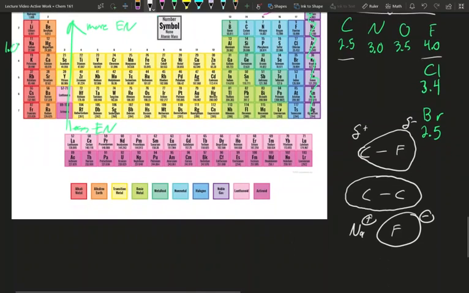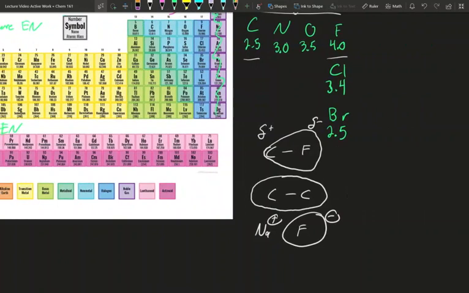This leads us to recognize a few types. We have an ionic bond on bottom. We have a covalent bond here in the middle. And the carbon and fluorine are covalent, but they have charge, like poles on a magnet, a plus and a minus end. It is a polar covalent.